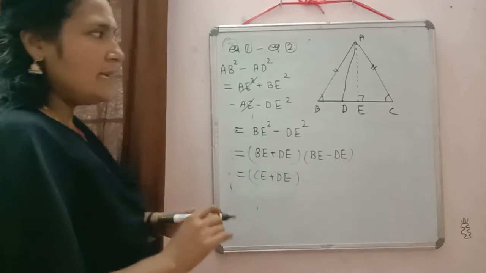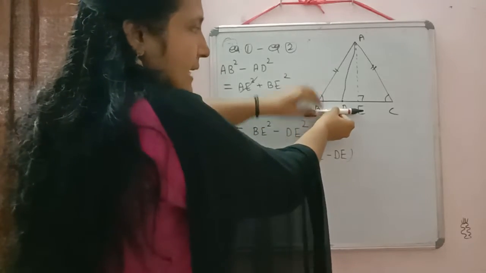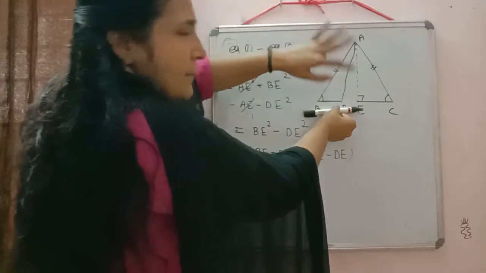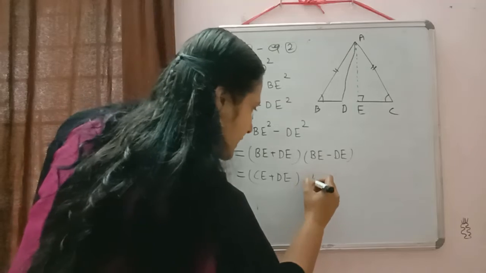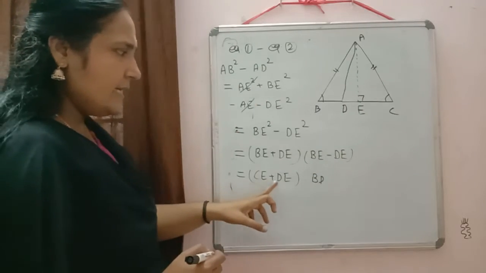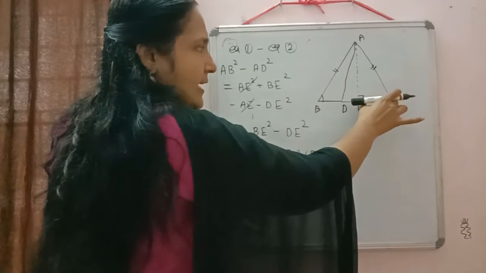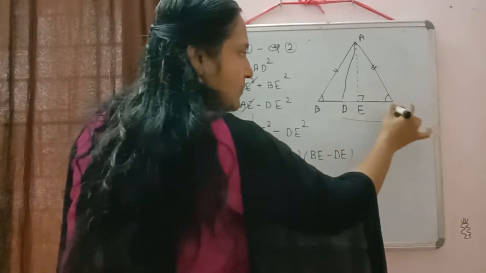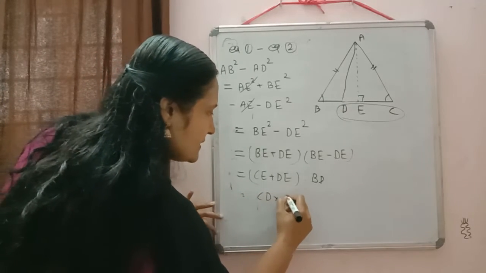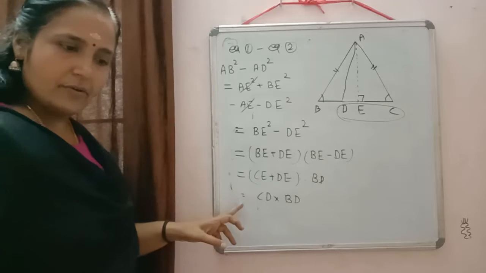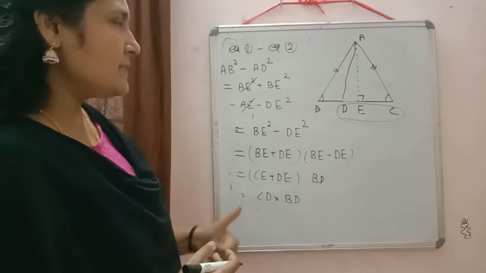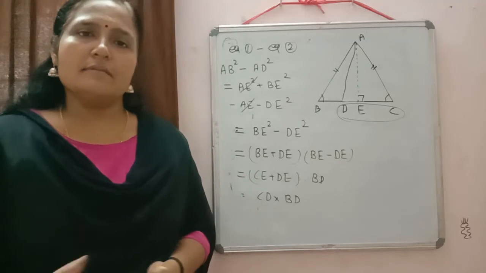BE minus DE: from BE, if you subtract DE, which side remains? BD remains. So write down BD. And CE plus DE will be equal to CD. So we get CD into BD, that only we need in the proof, BD into CD. So just check the questions there. Next question.